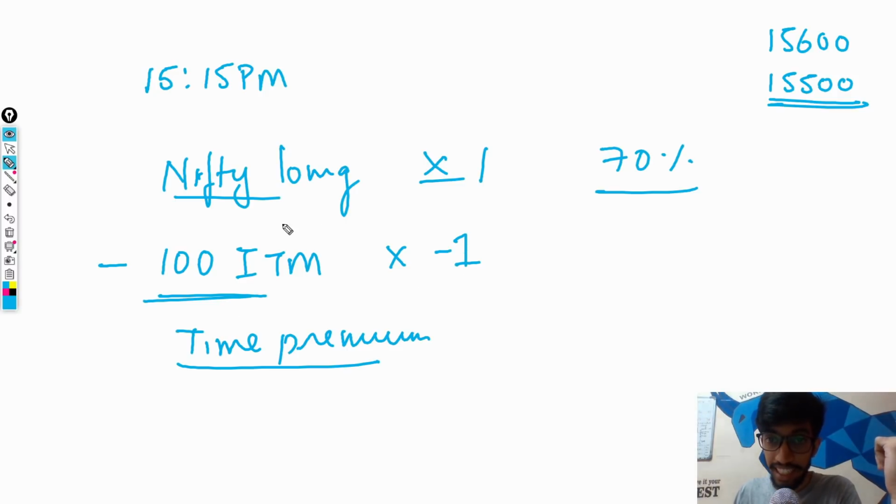If Nifty is opening on an average 0.4% on the upside, your future is going to give you the full 0.4%, whereas since there is some time premium left in the in the money call option, this is going to decay. So the idea is very simple.